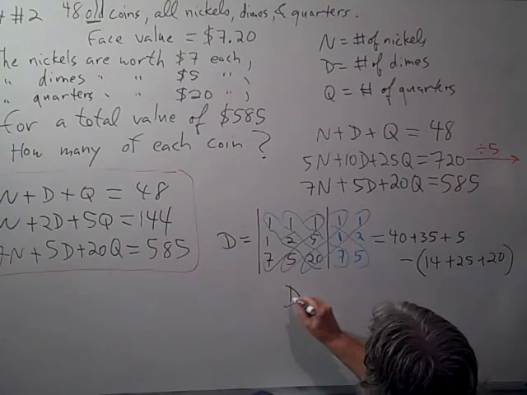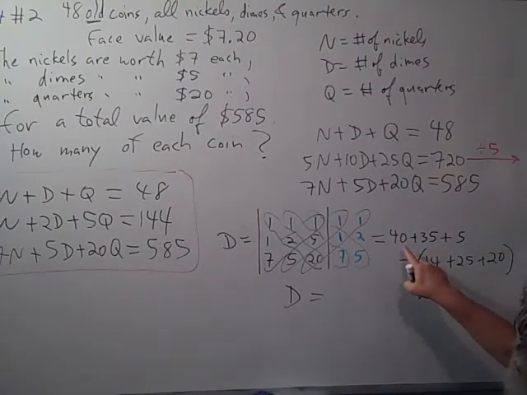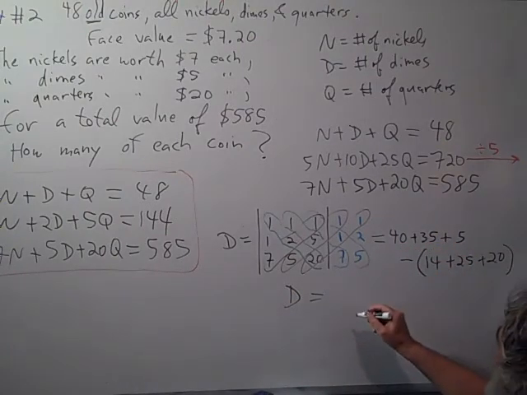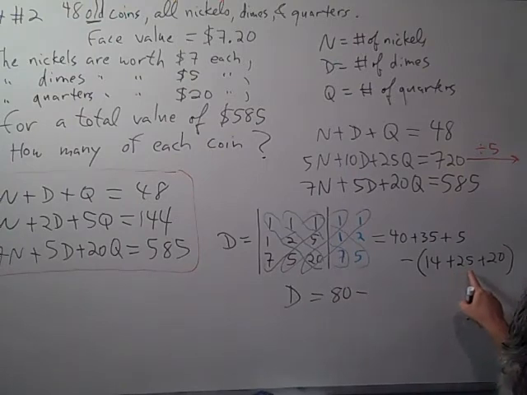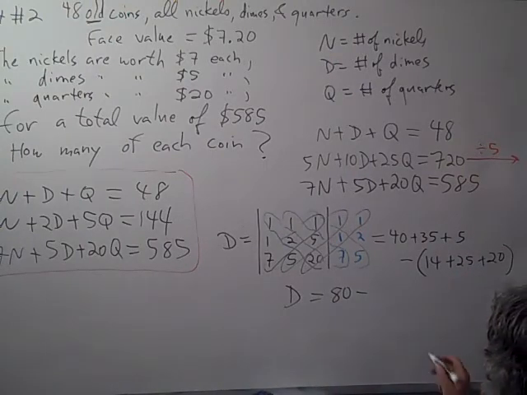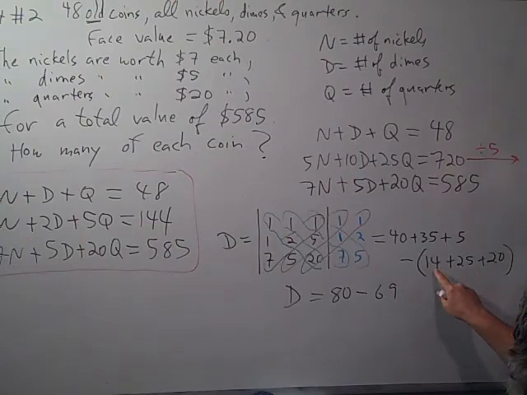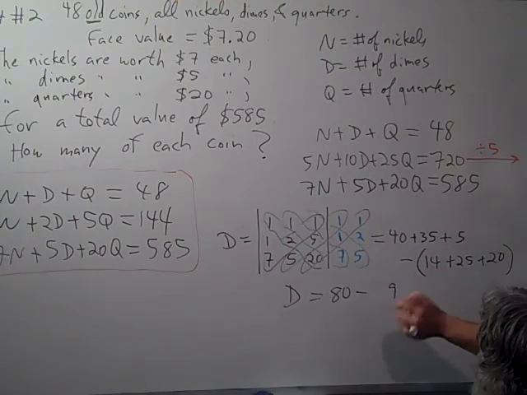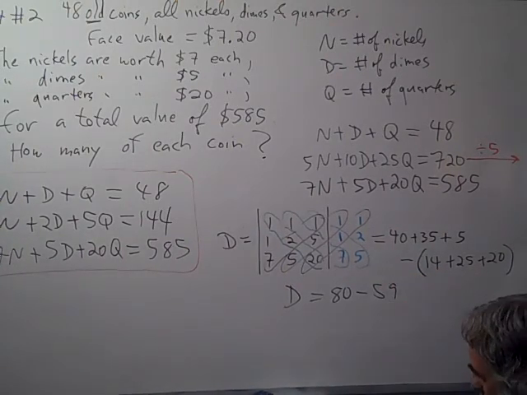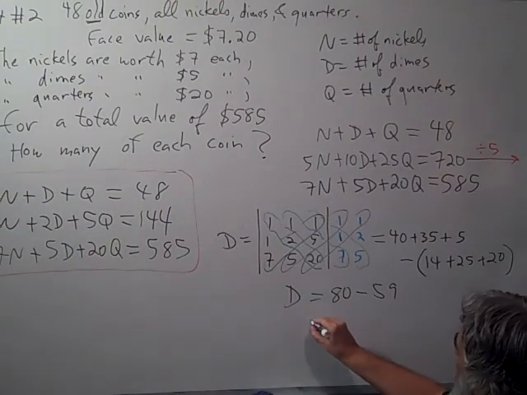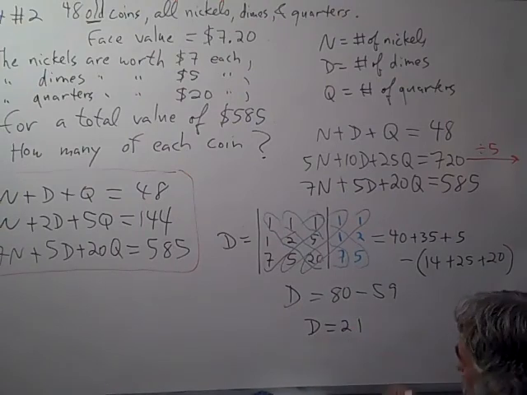So that D ends up equaling 40 plus 40 is 80, minus, let's see what this is, this is 59, sorry. And 80 minus 59 is 21. So D is equal to 21.